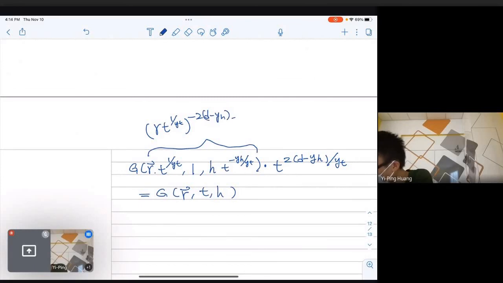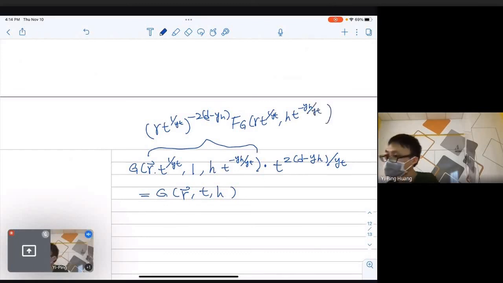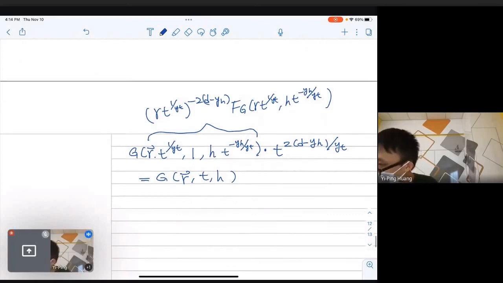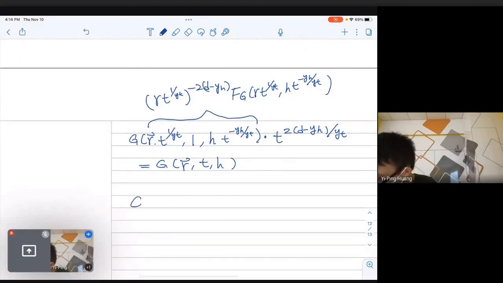This is just a definition such that we can see the function form directly. So if you do that definition, what you are going to get is your correlation function as a function of R, t, and h will look like this.